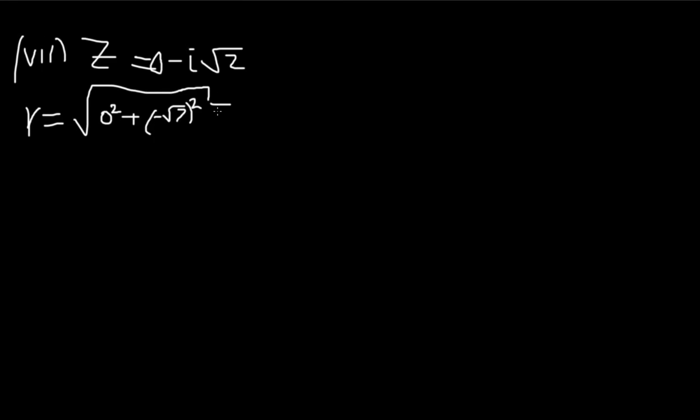This is 0 plus this squared, and the square inside there will cancel. Negative times negative gives a positive answer, so this is just the root of 7 as our answer. So root 7 is the magnitude of this complex number. This is supposed to be 7.